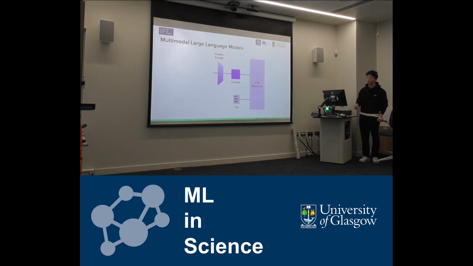And first of all, what is the multimodal large language model? This is a new type of generative model. Simply put, the decoder part is replaced by the large language model.